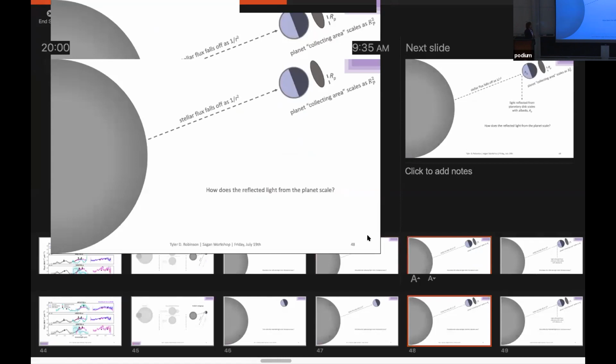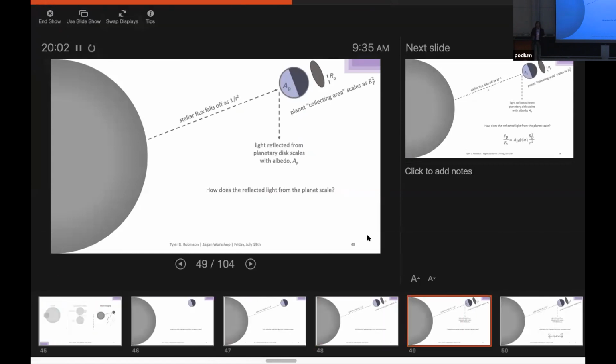And then on top of that, the fraction of that light collected that actually makes it to you, the observer, scales with the albedo of the planet. Lumping all of that together, the planet-to-star flux ratio in reflected light should scale with the planetary albedo, should get larger with the planetary radius squared, and should fall off as 1 over the orbital distance squared.